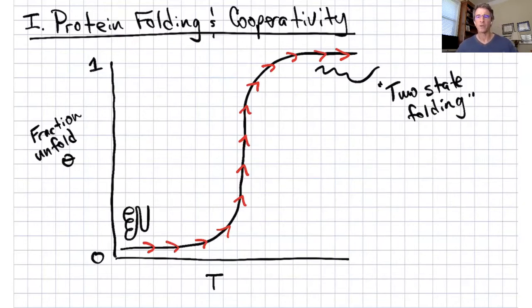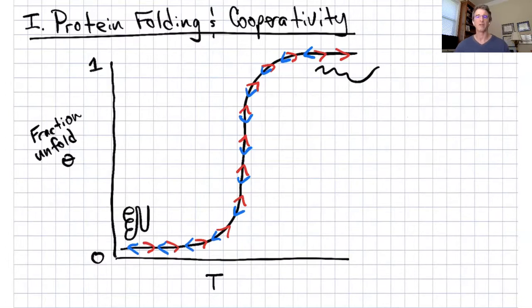Well, for a well-folded two-state folding, well-behaved protein, what happens is that the curve goes right back down the way we came, follows exactly the same curve from the unfolded state as a function of temperature, right back down here to the folded state. There's no hysteresis in the sort of thermal unfolding plots like this for a well-behaved two-state folding protein.